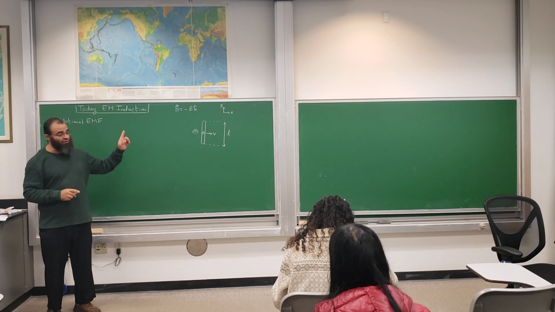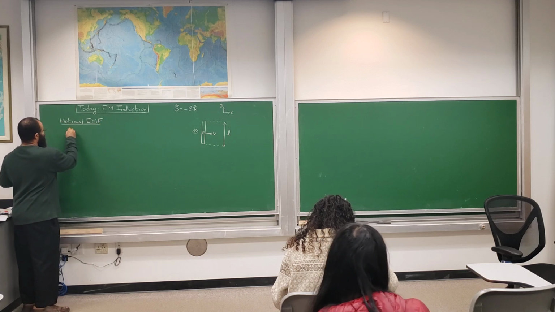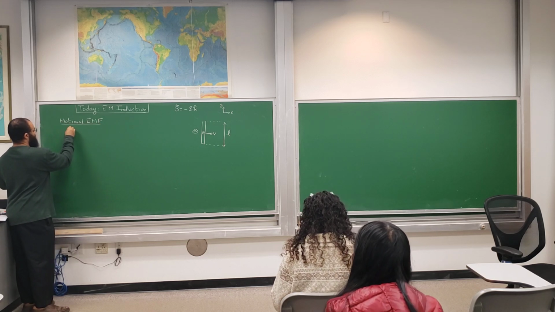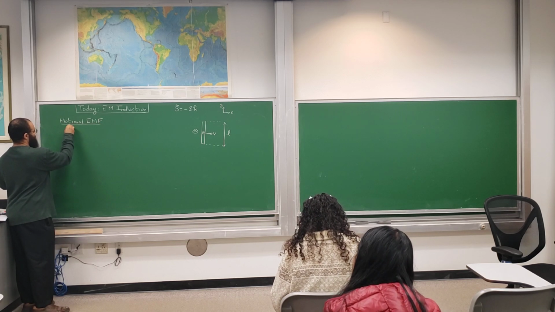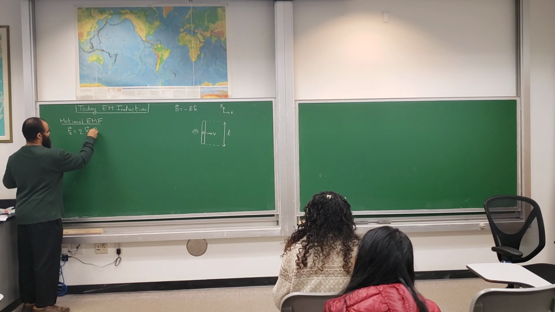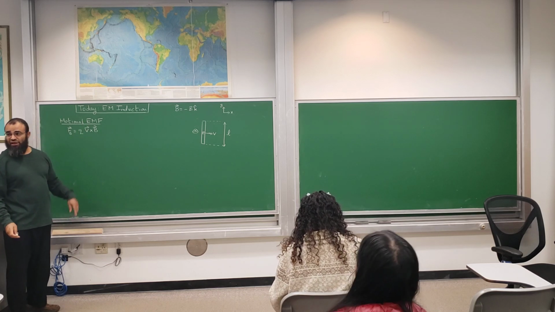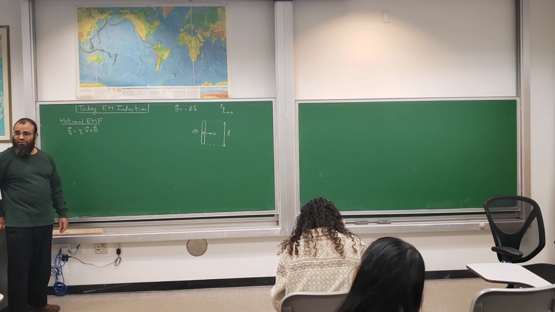It will experience a force in the upward direction. Good. The magnetic force, F_B, is q v cross B, so the magnetic force would be in the positive y direction.